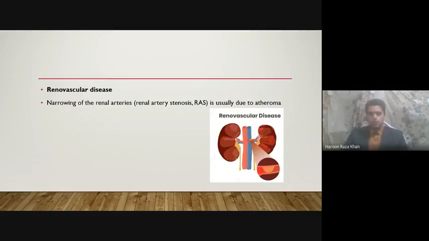Now, again, what is atheroma? This atheroma is basically an abnormal plaque, an abnormal accumulation of materials in the inner layer of the wall of an artery. As you can see in the slide, this is an abnormal accumulation of material within the inner walls of an artery.